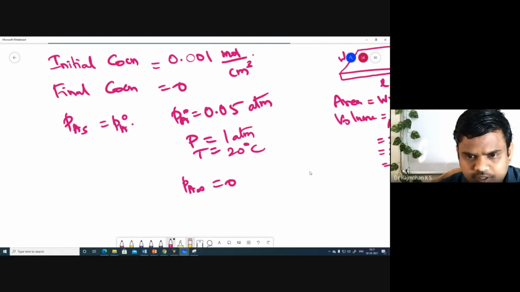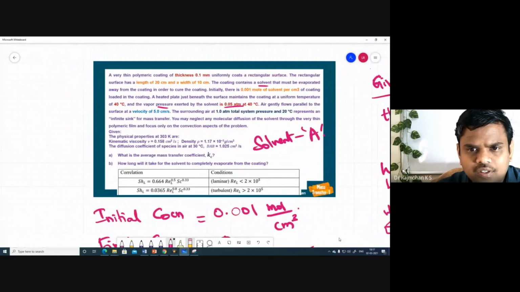There are two things here. You have the coating which is at 40 degrees Celsius. Go through the given data: a heated plate just beneath the surface maintains the coating at a uniform temperature of 40 degrees Celsius. What about the air? Air is gently flowing at a temperature of 20 degrees Celsius.